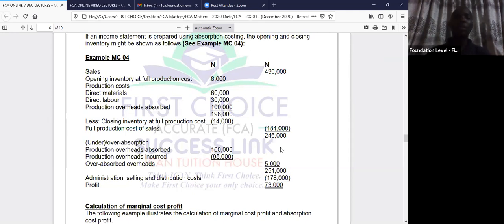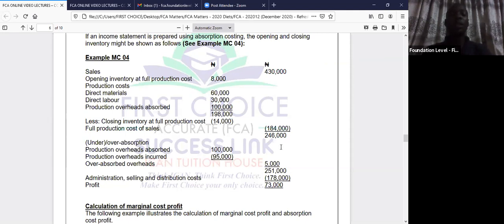Let us look at the absorption costing statement style. All these things I'm saying are just for you to be fully aware, because you may be given an exam question and asked to prepare a profit statement. You can use the absorption costing style. You can use the marginal costing style. But I'll tell you how to know which method to use.